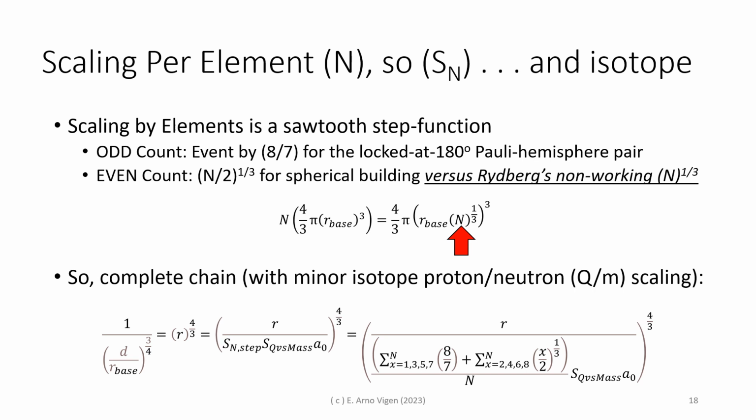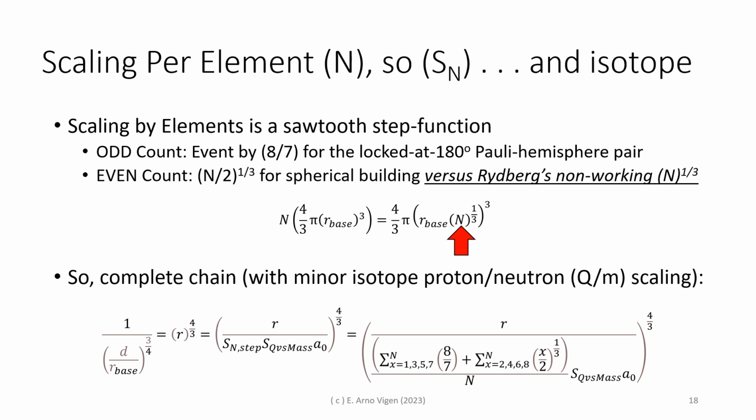You see, if you took Rydberg and you wanted 4/3 pi r of some base cubed, and you wanted n protons in your nucleus, the top equation here shows you that you basically would take the n, put it inside at the cube root, which then of course is cubed again, and that thereby your factor of changing is n over to the 1/3. Yet that's not right.